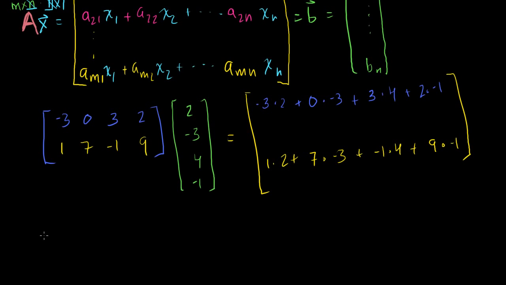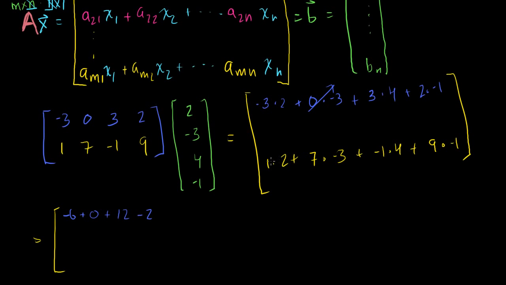And so what does this simplify to? This is equal to minus 3 times 2 is minus 6, plus 0, plus 12, minus 2.